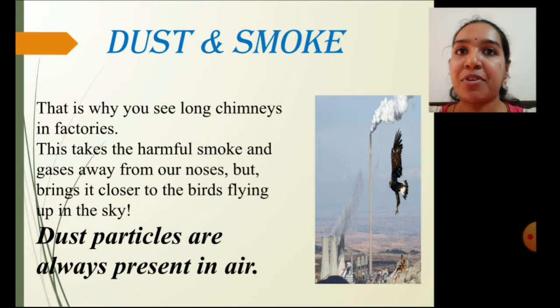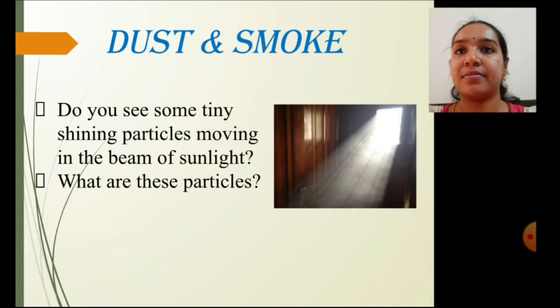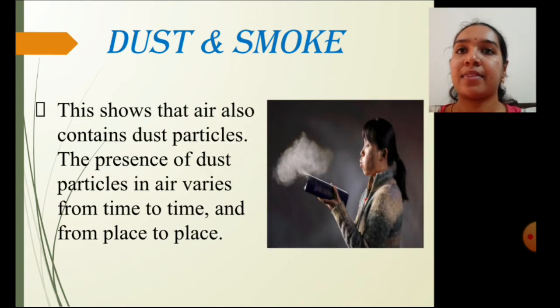Dust particles from factories affect the birds flying in the atmosphere. We see dust particles everywhere, even along the path of sun rays. But the presence of these particles changes from time to time and also from place to place.